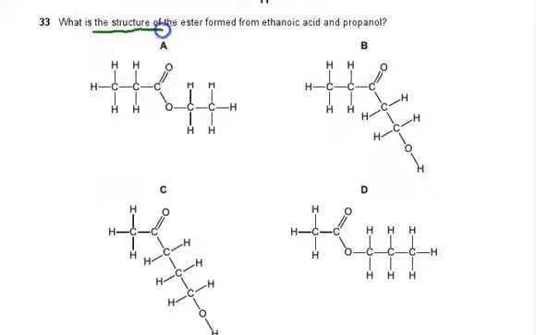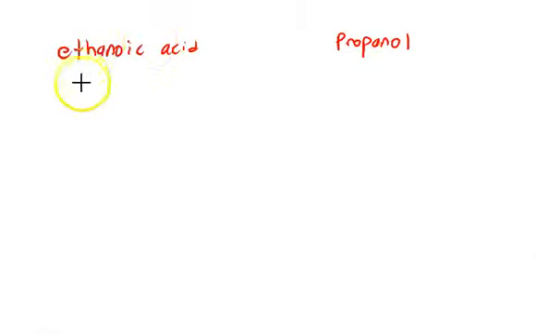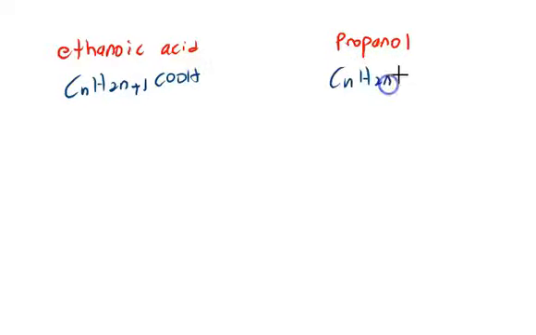What is the structure of the ester formed from ethanoic acid and propanol? Over here we have ethanoic acid with the basic formula of this, and the alcohol formula is this one, OH.